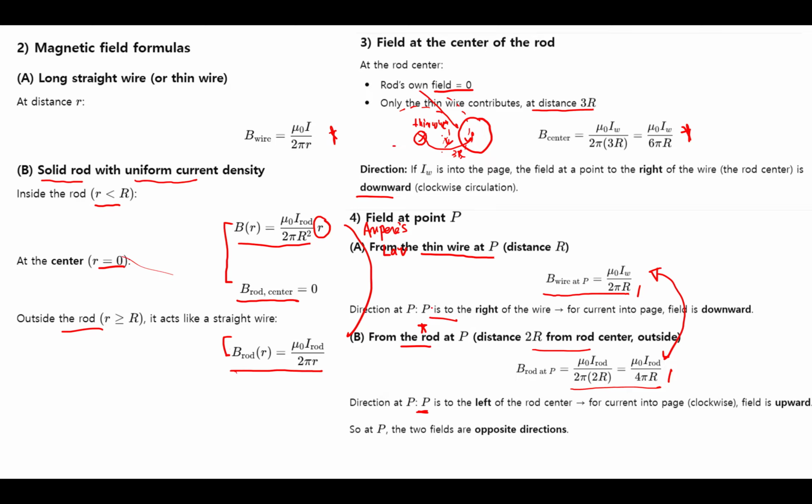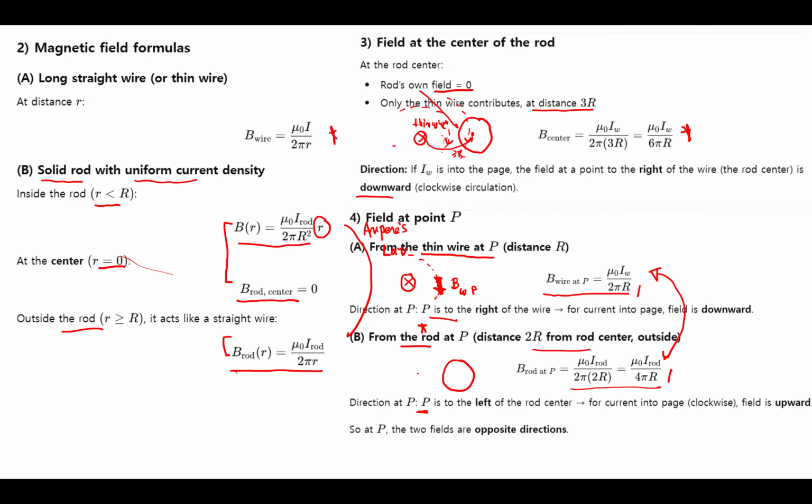Now let's look at the situation. The current from the thin wire, if you use the right hand rule, gives a magnetic field that is downward. And what about the magnetic field from the rod?